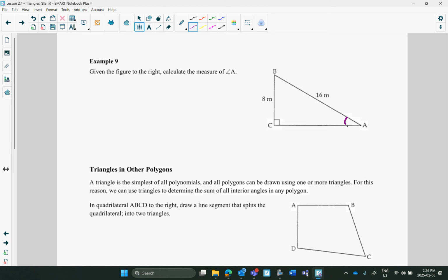So let's set up our trig equation. If this is the angle, what's the name of this side? Opposite, this side, hypotenuse, sine. And it's the sine of the angle, but remember, the angle's unknown, equals the opposite side 8 over the hypotenuse 16.